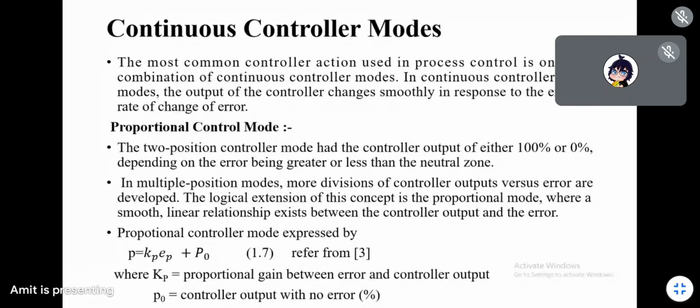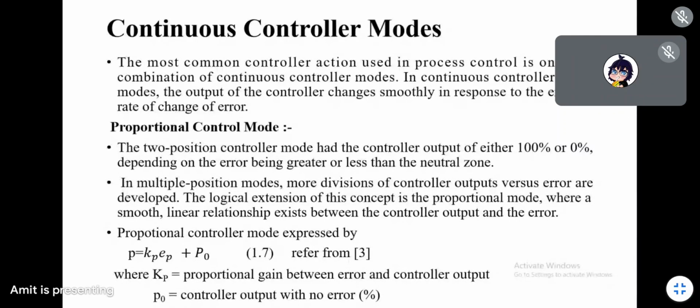Similarly, when your error is 2%, then your controller output is 2%. Like that. Next we will go for your proportional control mode.